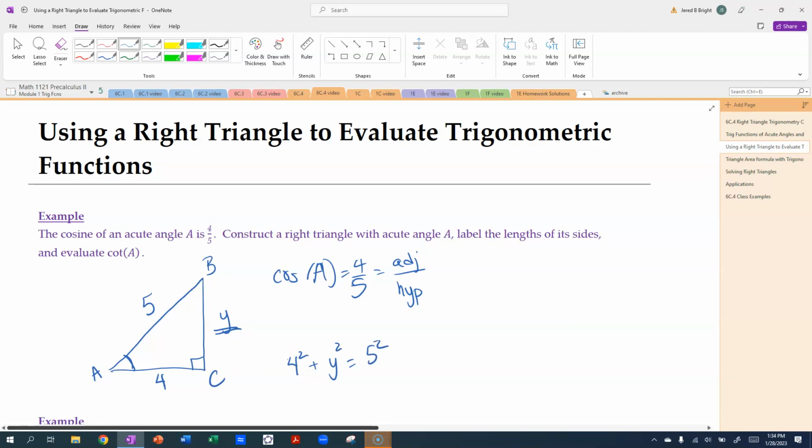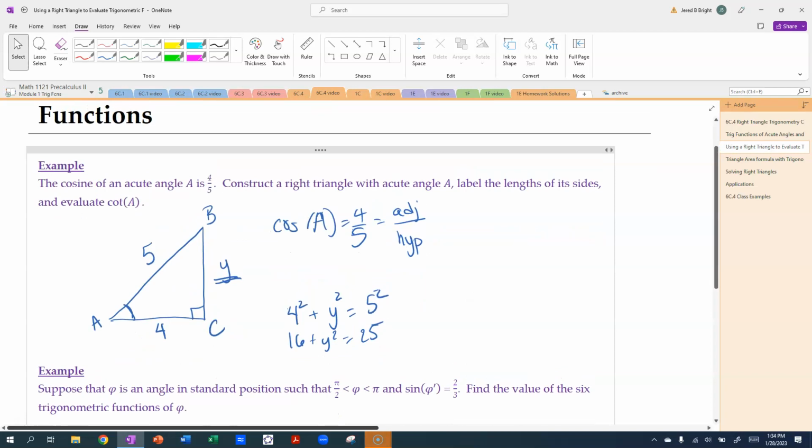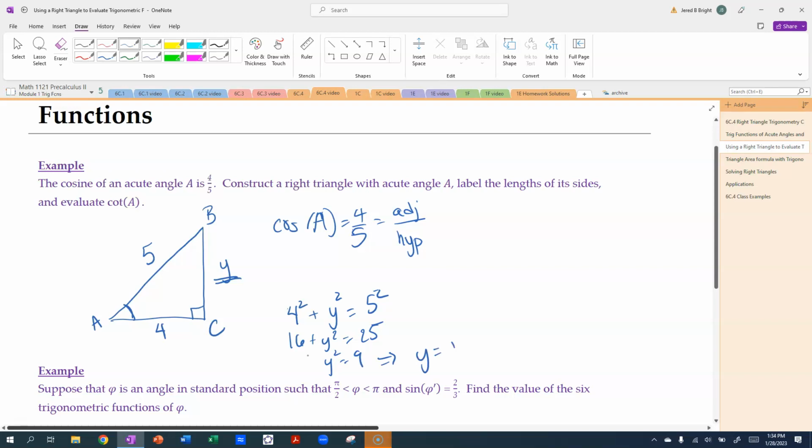So 16 plus y squared is equal to 25, and then y squared is equal to 9. From here, y is equal to plus or minus 3. But we ignore the minus because we're talking about a triangle side, and we can't have a negative side length. So this is 3.